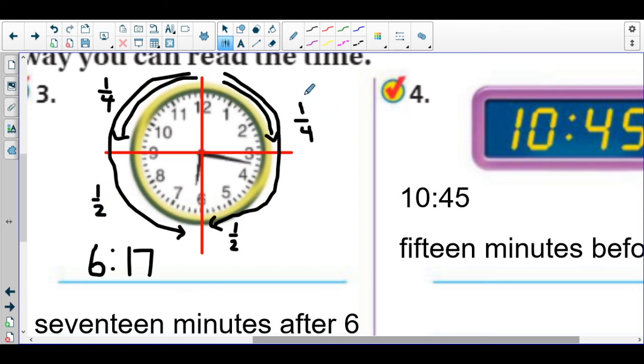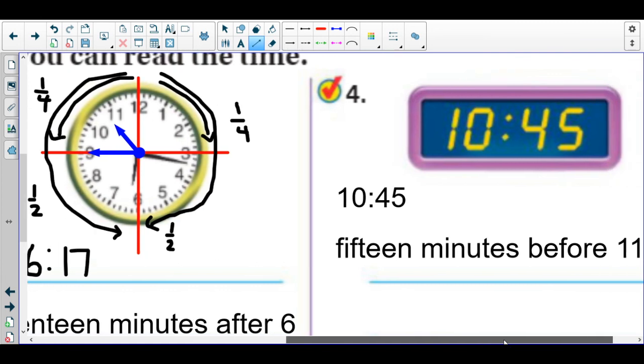So if the time was 10:45, all right, I will go ahead and we'll make a new clock face here. Let's change up the colors here. So it is 10:45. So the hour hand is probably going to look something like this. And the minute hand is going to look something like this. All right. We are 1/4 of an hour away from the top of the hour.